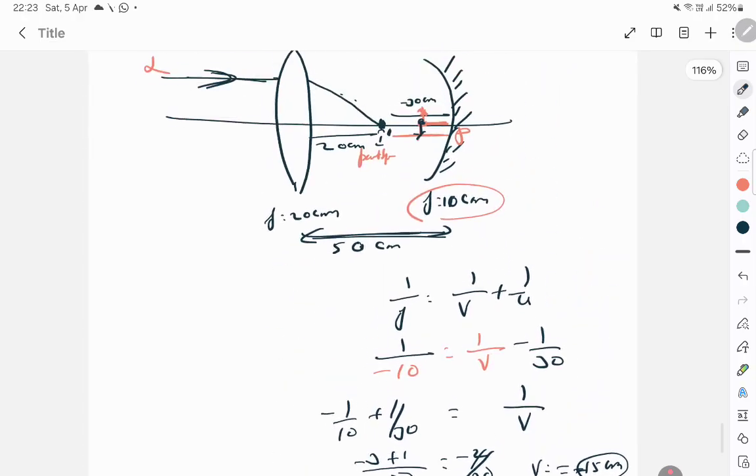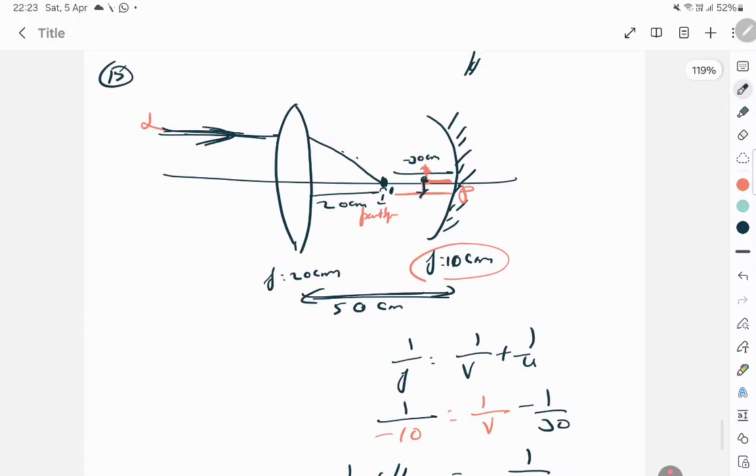But this is what you get here, since it's coming parallel to the principal axis. Okay, it's passing through the principal focus. So actually speaking, you're getting an image at this point, at the principal focus of this. Now how to complete this diagram? We have to draw this in an expanded way.